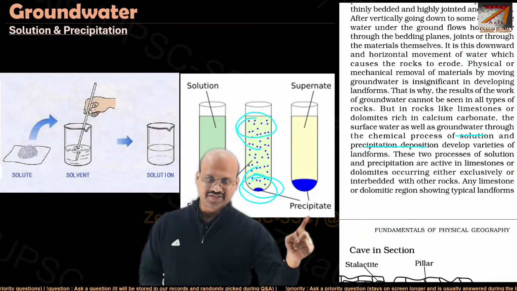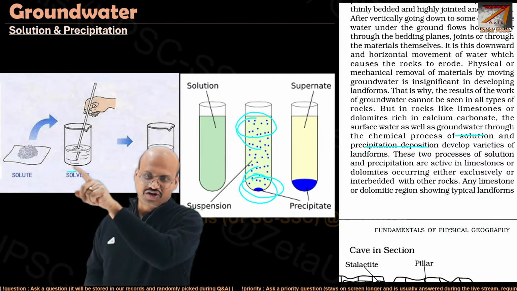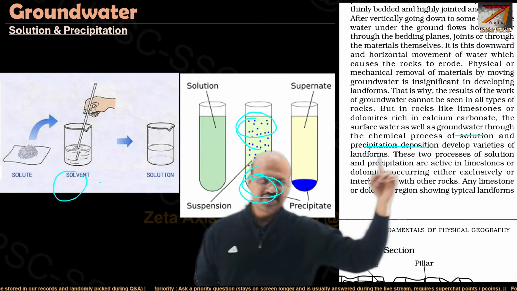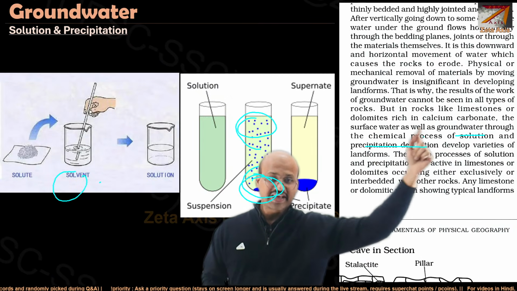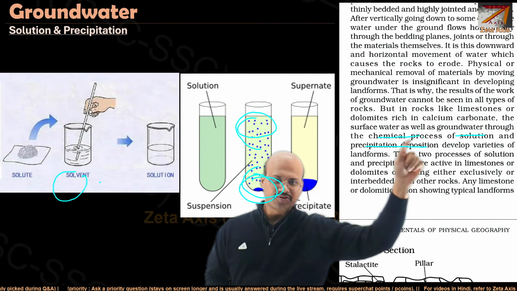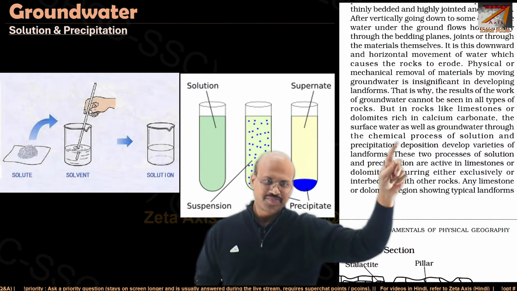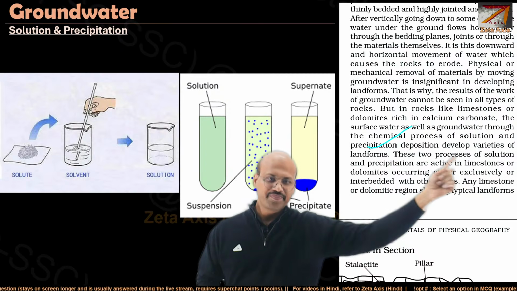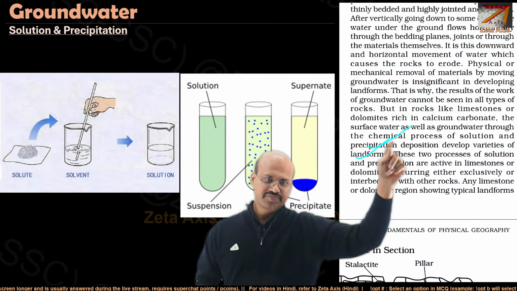So this is precipitation and this is solution. This is the method of erosion, this is the method of deposition. So that is why they are saying that surface water as well as groundwater, through the chemical process, remember chemical process only, no physical process, of solution and precipitation deposition develop varieties of landforms.